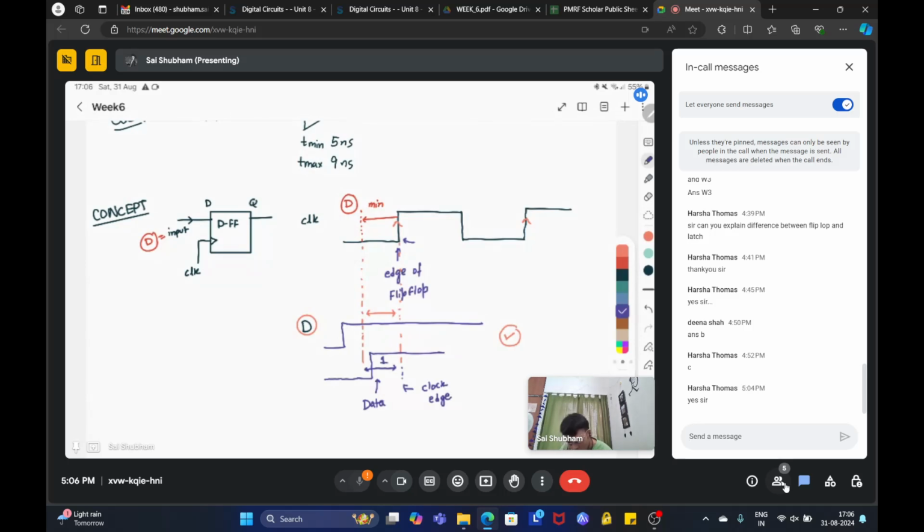Even though the data is present before the clock edge, the flip-flop won't be able to register it because it violates a certain minimum time. This minimum time is known as your setup time. So data that has to be latched into that flip-flop should be available before this minimum setup time. It cannot fall inside this window.